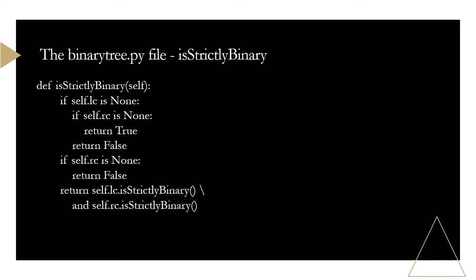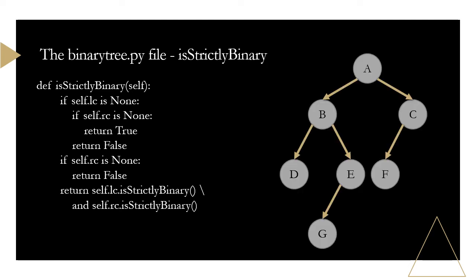So let us do a trace of this function on this tree. And when we begin, self points to the node containing A. So is the left child absent for A? No. So the first if condition is not met. Is the right child absent for A? No. The second if is not met.